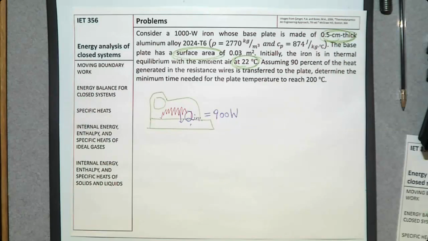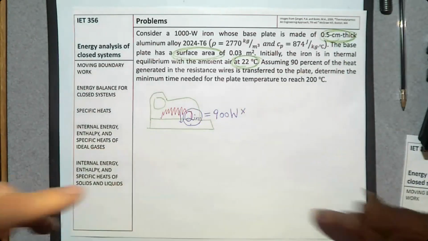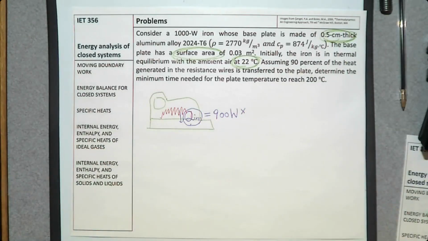Yes. What is the relation between joule and watt? Watt is joule per second. So if you want to determine joule, 900 watts times time. So to determine Q in, you need to multiply by time. How long did you turn it on?